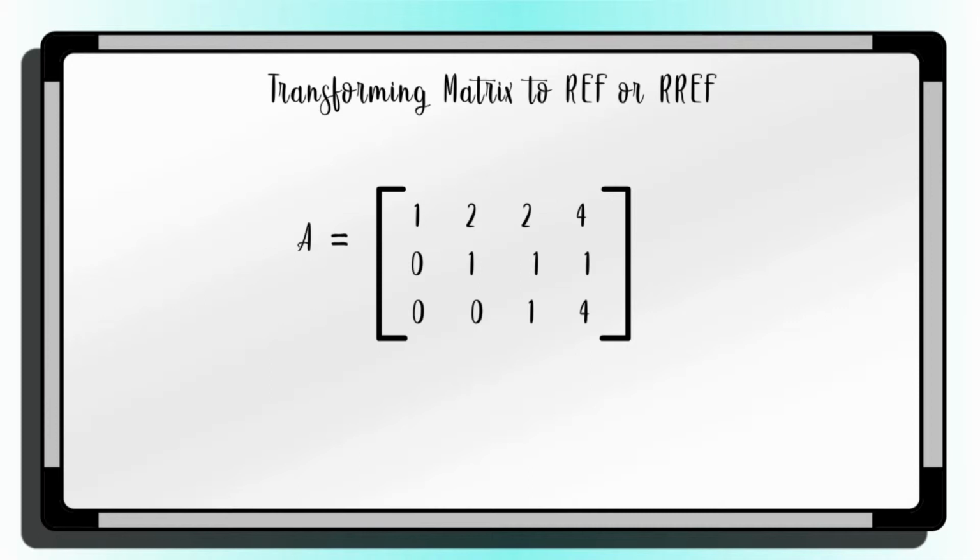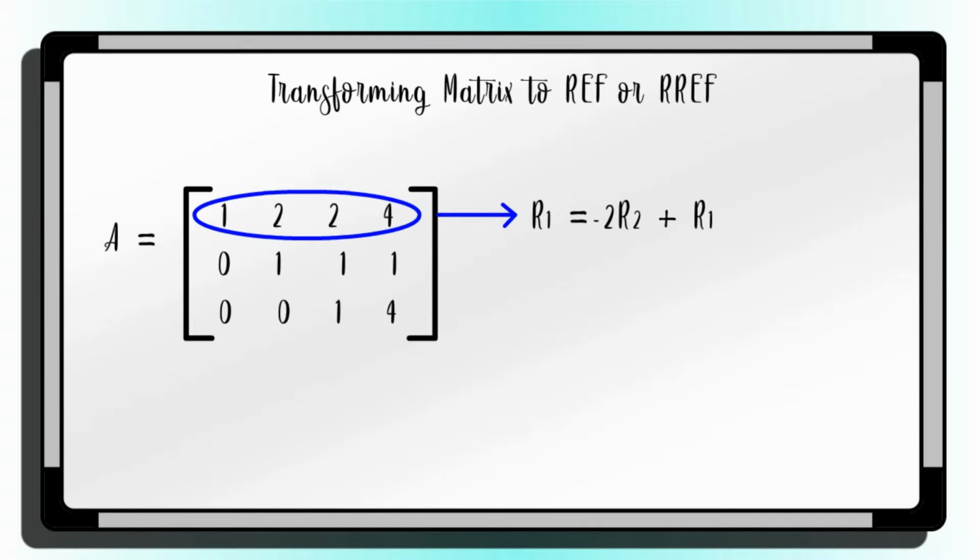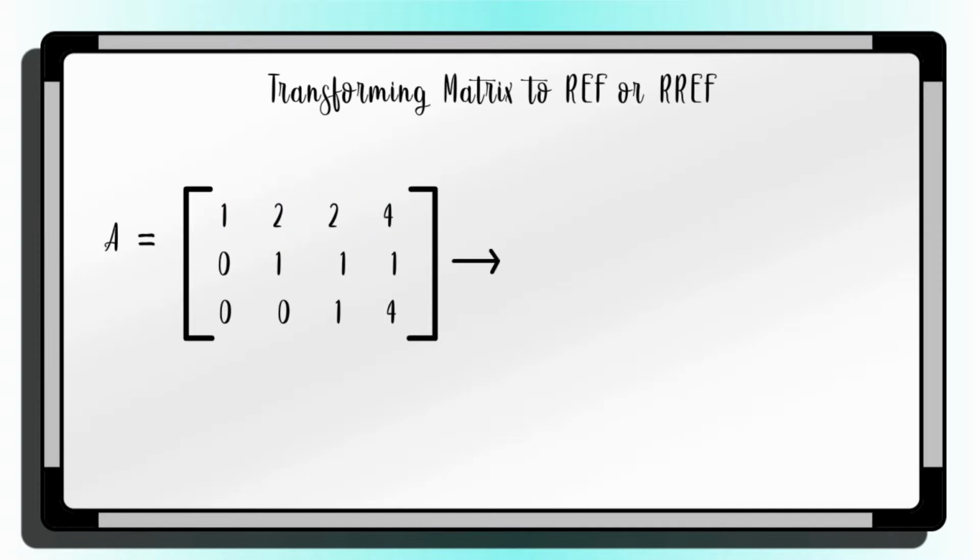Now, we will continue to use the elementary operations and transform matrix A to RREF. For the next step, use the type 3 operation on R1 by multiplying R2 by -2 and adding to R1.